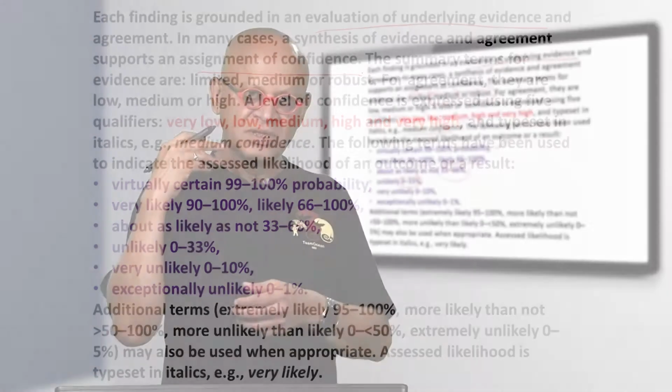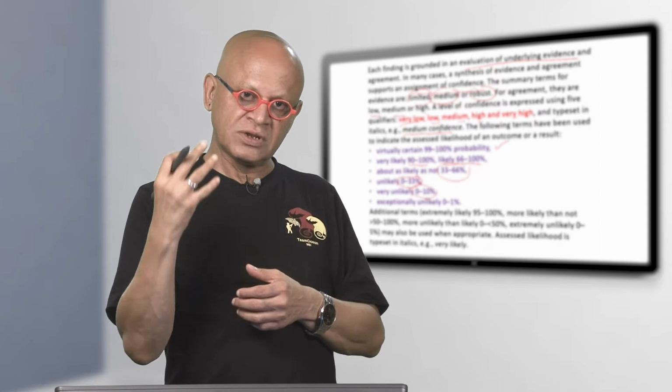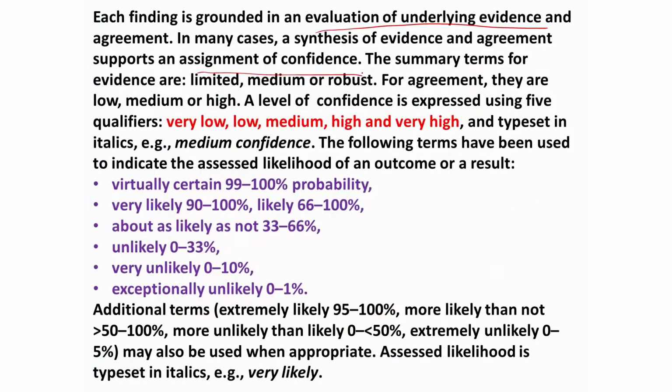When you say projection of precipitation or temperature into the future, what is the level of confidence in this projection? So the summary terms are basically divided into limited, medium, and robust. And for agreement, evidences are categorized as limited, medium, and robust. For agreement, they are referred to as low, medium, and high.